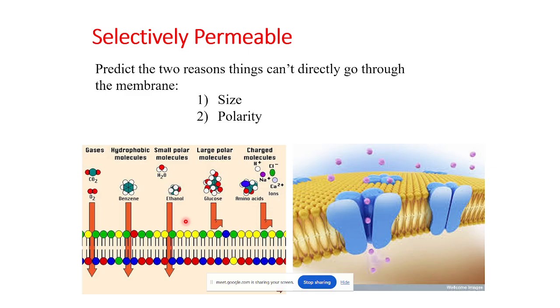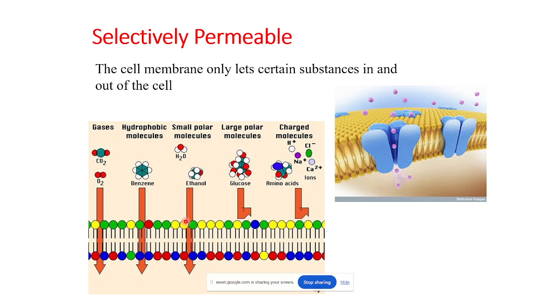Ethanol can pass through it. But amino acids, some charged molecules, and large polar molecules, for example glucose, cannot pass through it. So the cell membrane only lets certain substances in and out of the cell.